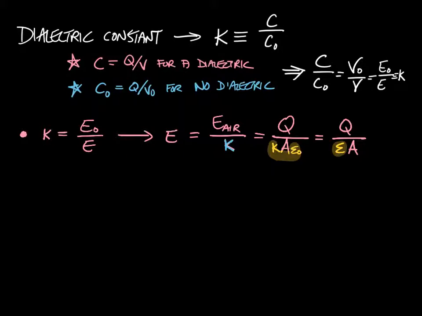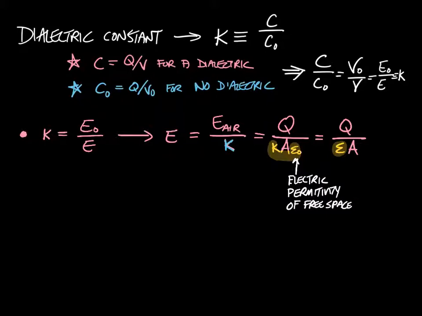Now, let's talk about this briefly. So, epsilon naught is the electric permittivity of free space or a vacuum. And one more time, what the heck is that?